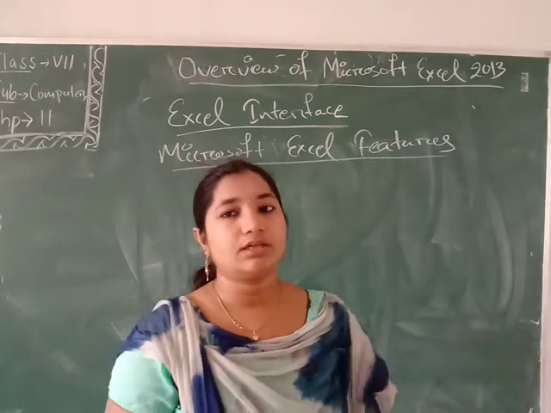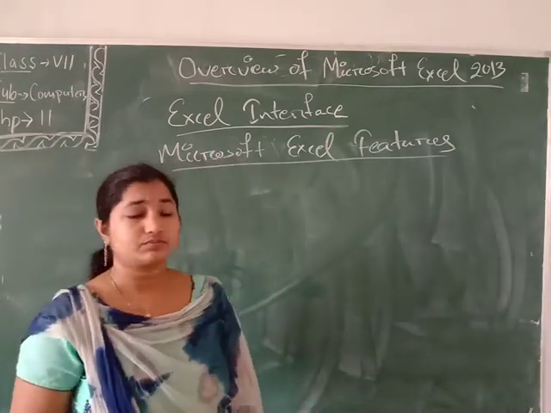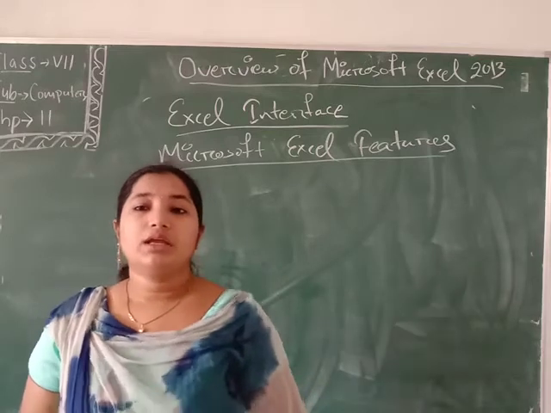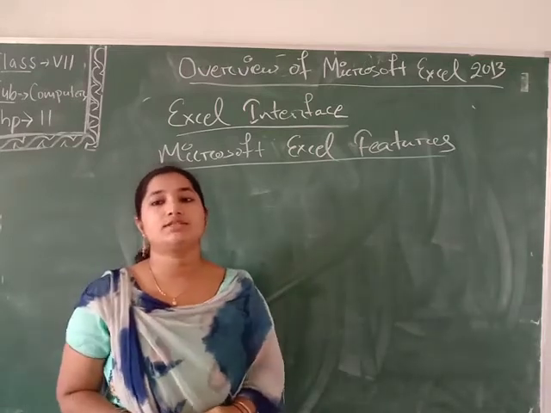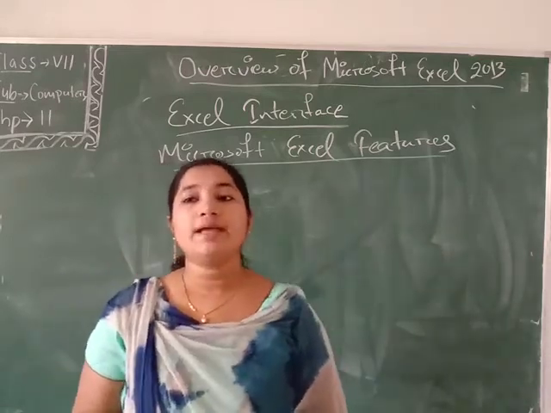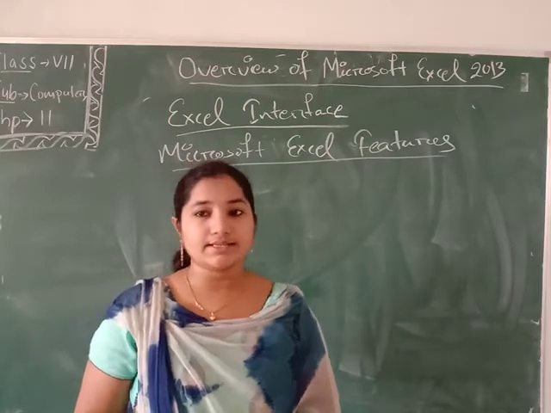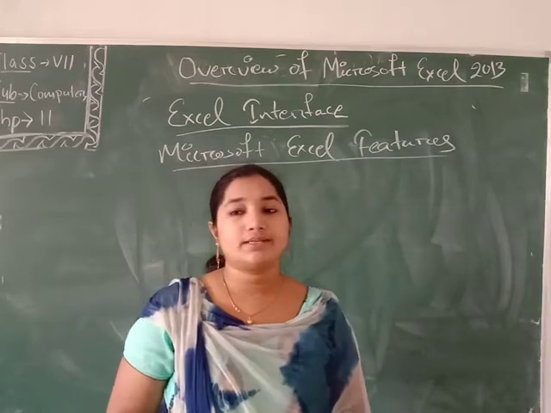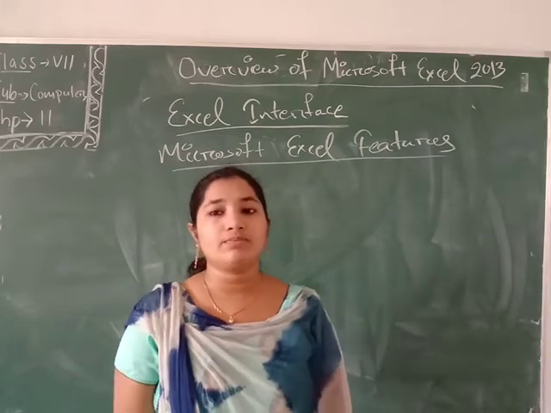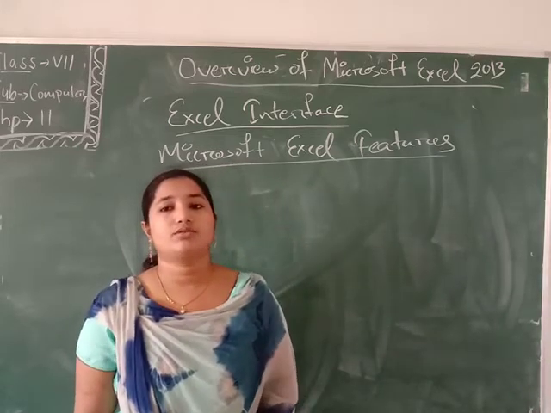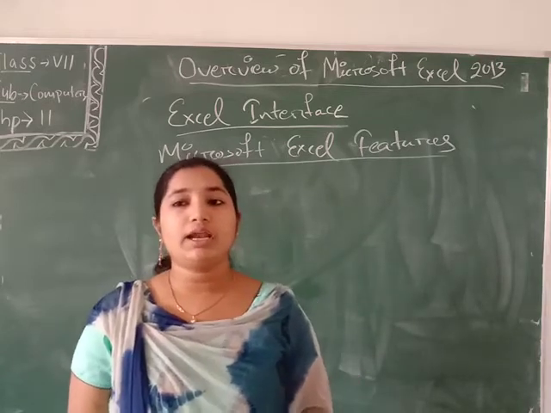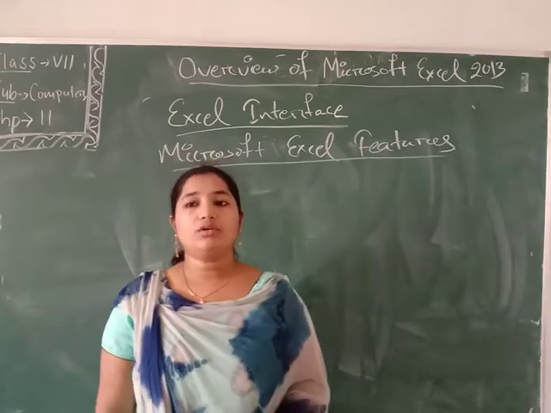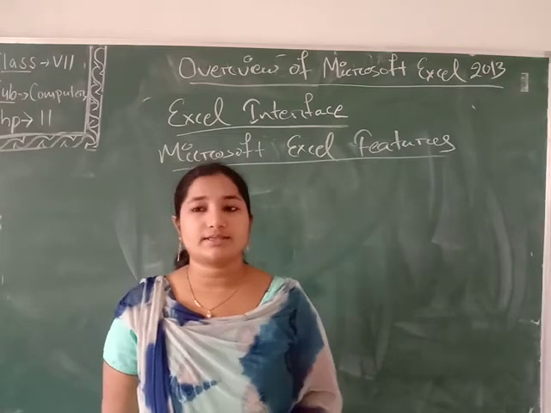The next is the ribbon menu system. What is the ribbon menu system? The tabbed ribbon menu system is how we navigate through Excel and access various Excel commands. If we have used a previous version of Excel, the ribbon system replaces the traditional menus. At the bottom left area of the spreadsheet, we will find worksheet tabs.